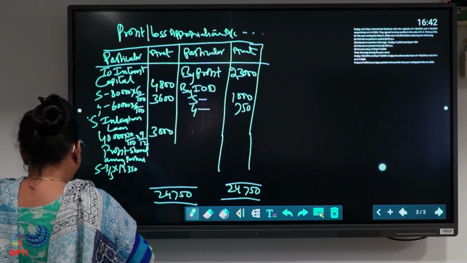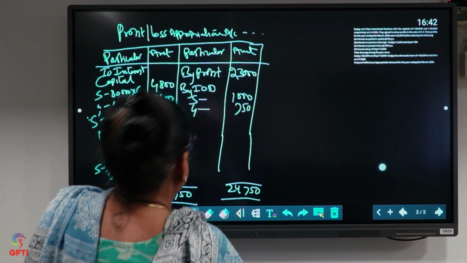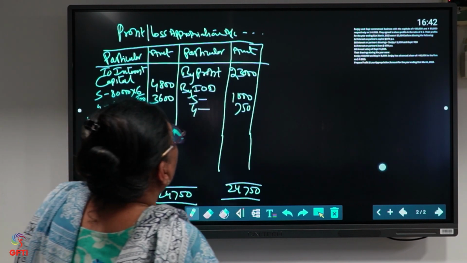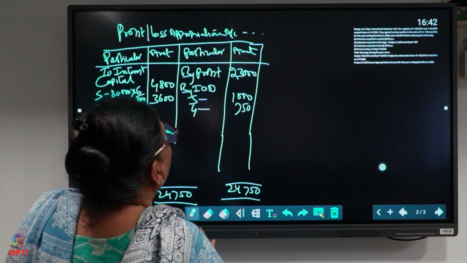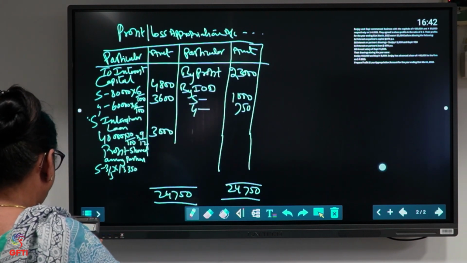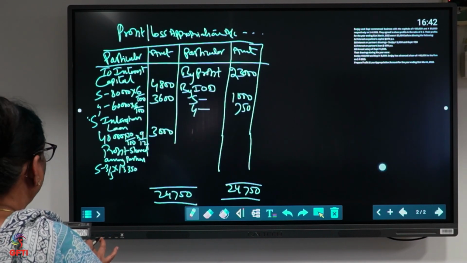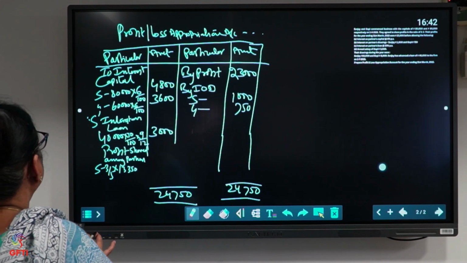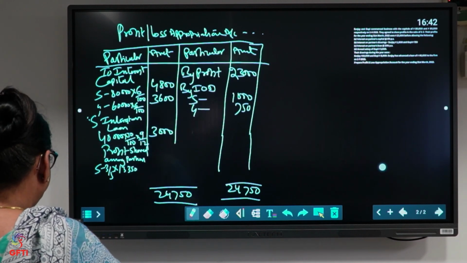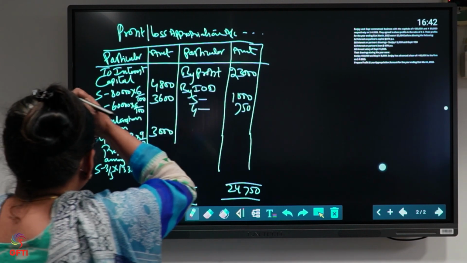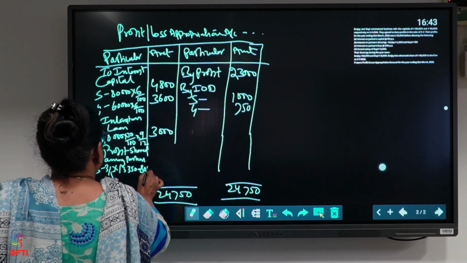13,350 divided by 5 multiplied by 3 is 8,010.